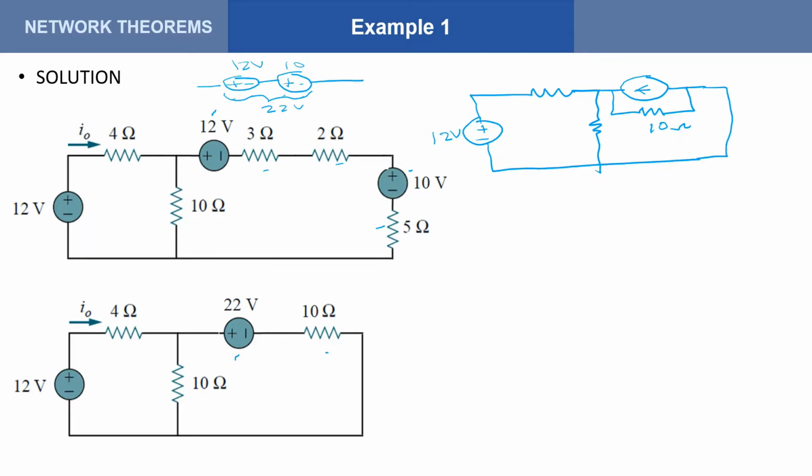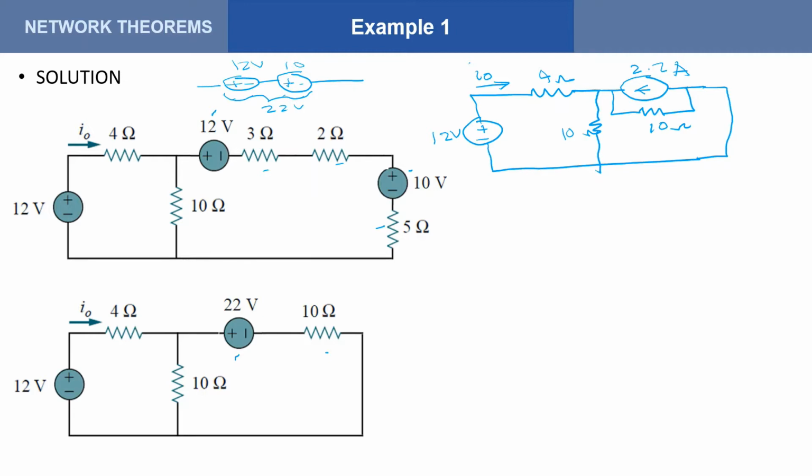Okay, and current source should be 22 divided by 10, so that will give us 2.2 amperes. So this is 10 ohms here, and this is 4 ohms. So this is our I naught. Okay.